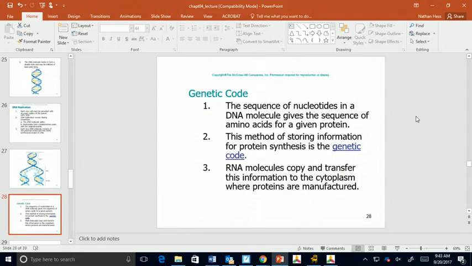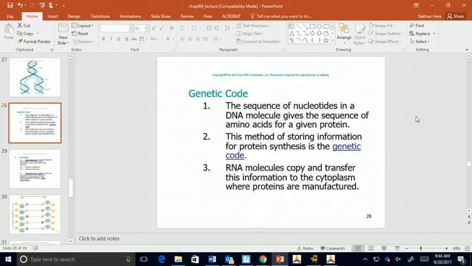We have things in our cells called RNA, again, the ribose nucleic acids, and their job is to come in and copy the information from that DNA and then take it outside the cell in order to make the proteins. Where are the proteins made, by the way? What part of the cell? The ribosomes, right? So we just talked about mitochondria, how they worked, and now we're diving into these ribosomes.